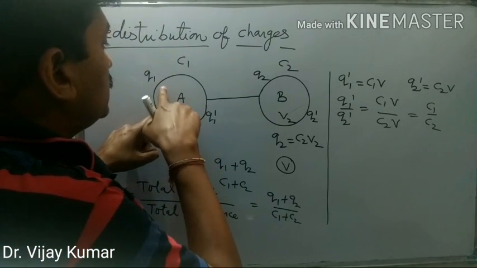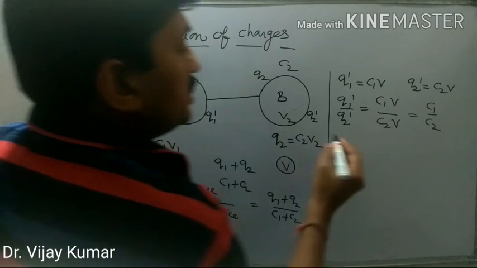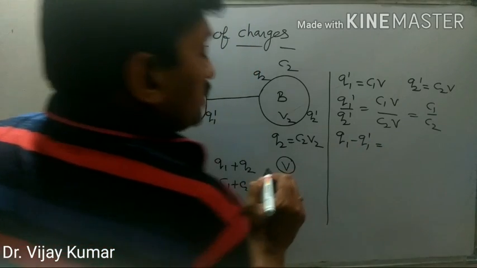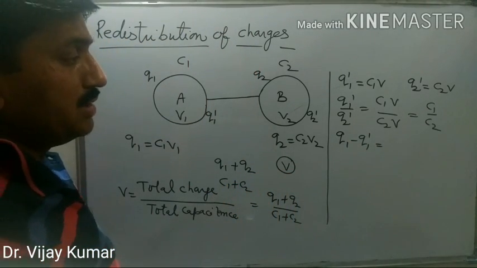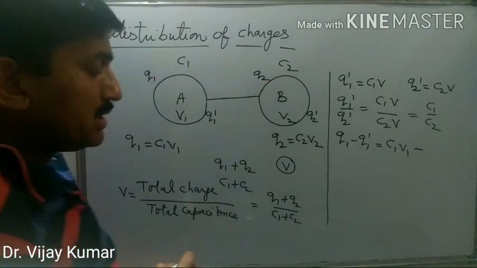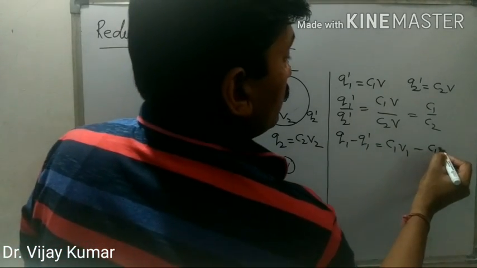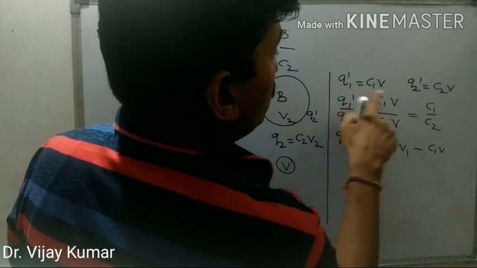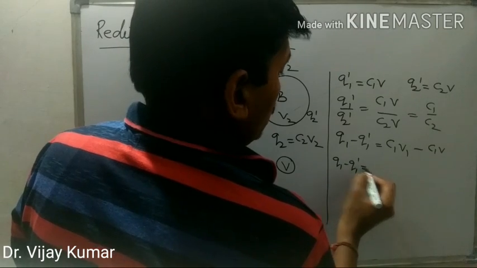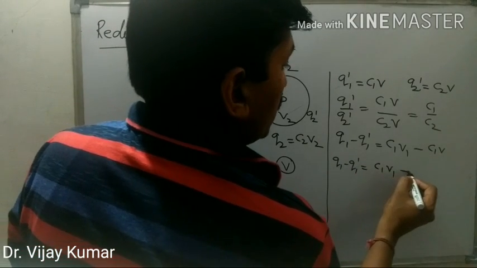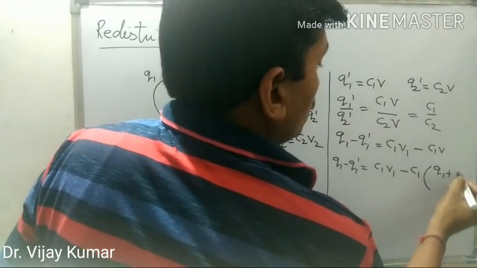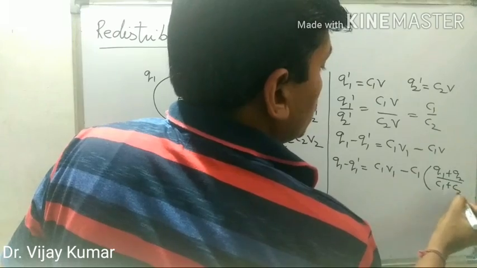Before joining, the charge of this conductor is Q1, and after joining, the charge is Q1 dash, and the difference of both represents the quantity of charge transferred. Q1 is C1V1, and Q1 dash is C1V, and we know that Q1 minus Q1 dash is C1V1 minus C1V, where V is Q1 plus Q2 upon C1 plus C2.